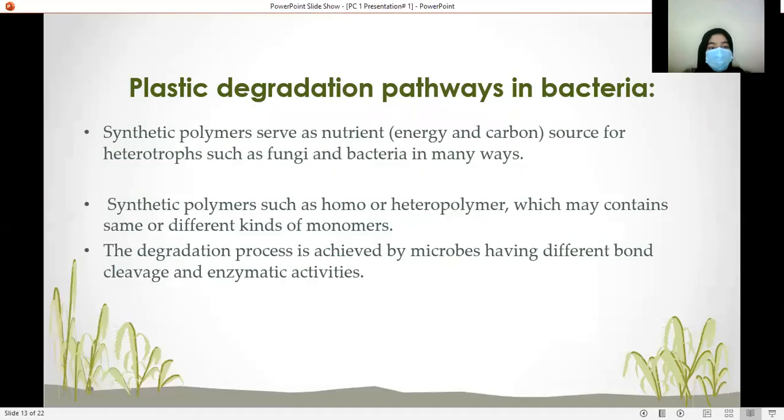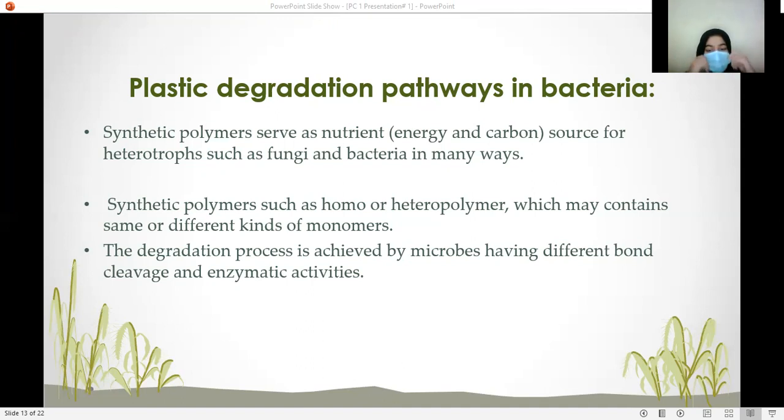Synthetic polymers are homopolymers or heteropolymers, which may contain the same kind or different kinds of monomers. The degradation process is achieved by the microbes having different bond cleavage and enzymatic activity. Thus, the microbial attack on the polymer surface can be direct or indirect. In the direct mechanism, microbes attack and degrade the polymer for their nutrition and growth.